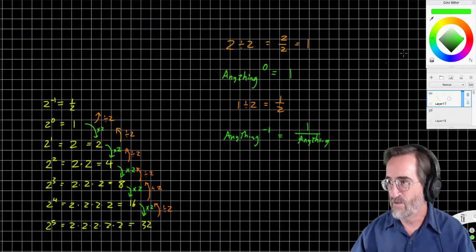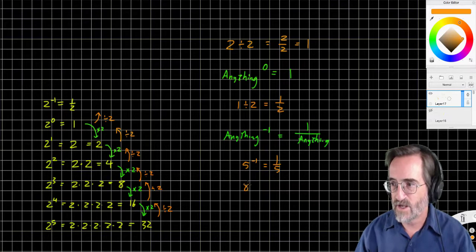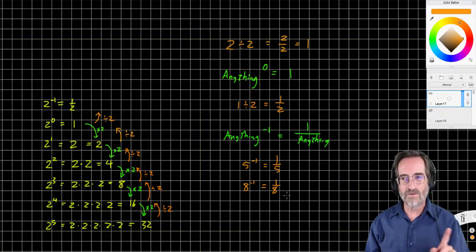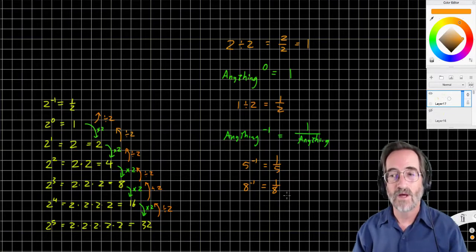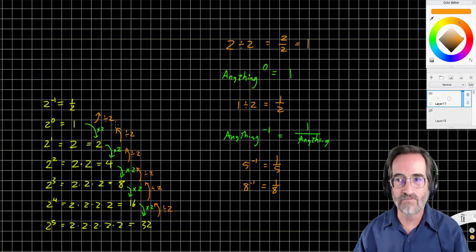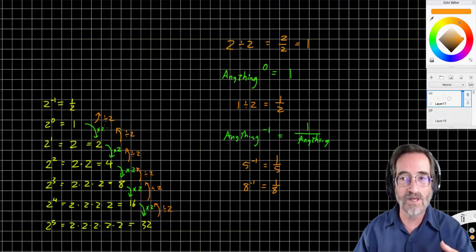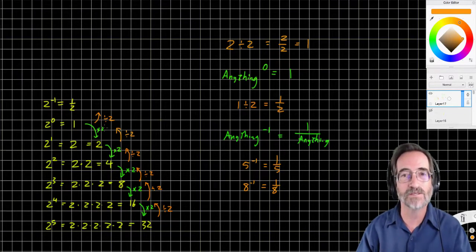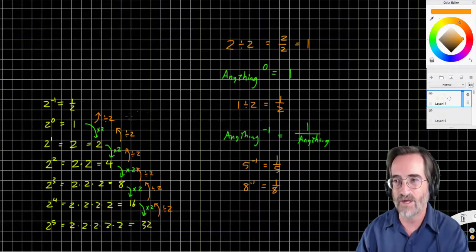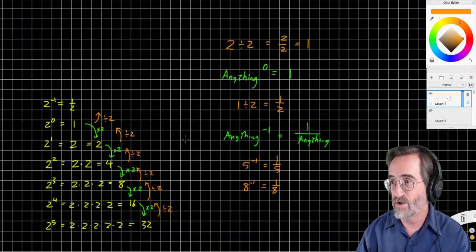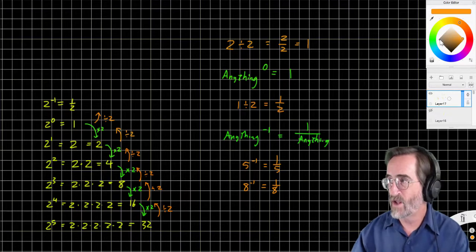So for example, if I say 5 to the -1, that's 1/5. If I say 8 to the -1, that's 1/8. And it makes sense a little bit. If raising to a power means multiplying by the base, then raising to a negative power means dividing by that base. And that's exactly what's going on. Anything to the power of -1 is 1 over that anything.